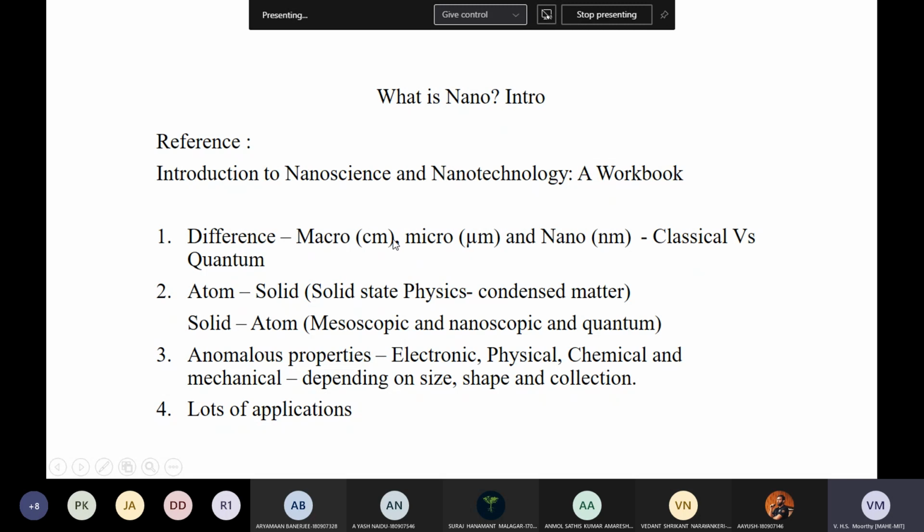Macro and micro dimension objects follow classical mechanics, which is basically Newtonian mechanics. The most important understanding of classical mechanics is that given the position and velocity of a particle, we can predict its final state after some time.